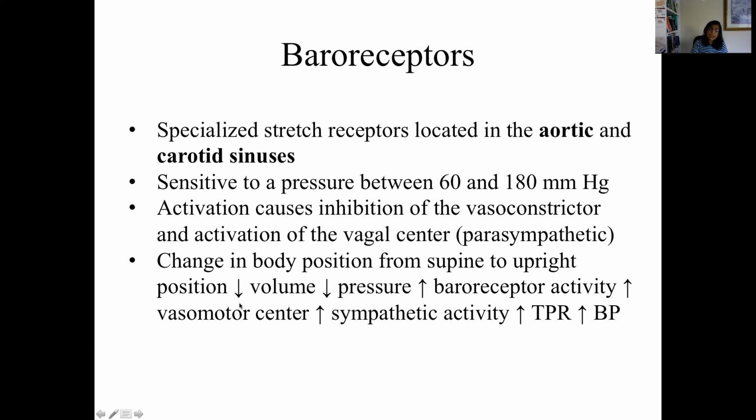So decreased volume of blood in the other parts of the body, decreased pressure, therefore, and now that would turn on baroreceptor activity. When there is a drop in pressure, baroreceptors are activated. They would then increase vasomotor center and increase sympathetic activity, and therefore increase CPR and increase blood pressure.